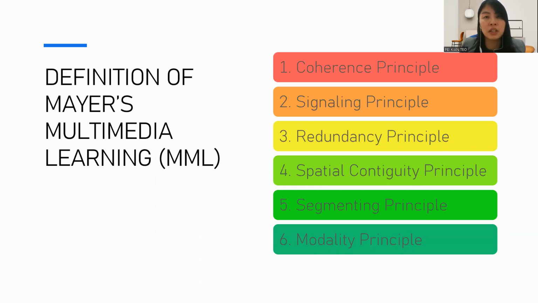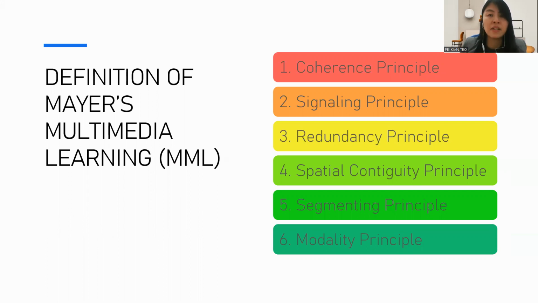The first is the Coherence Principle. Based on this principle, the learner's working memory is clogged with irrelevant details that hinder the learning process. In such a situation, the learner may be exposed to a concise narrative, animations, or a similar lesson alongside interesting material.